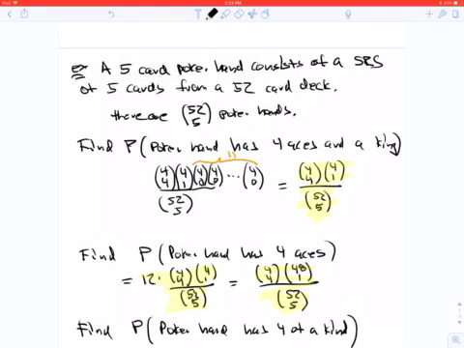So the probability of a poker hand having 4 aces and a king, by the multivariate hypergeometric, would be, so of my 52, remember that I have 13 different ranks, each with 4 cards. So I have 4 out of 4 aces.